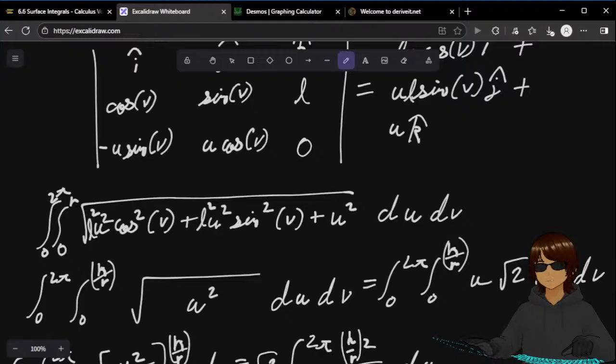Sine square cos square is 1, so we are left with L square U square plus U square.